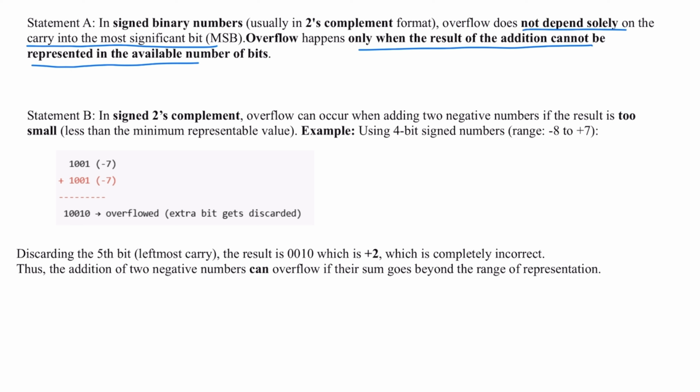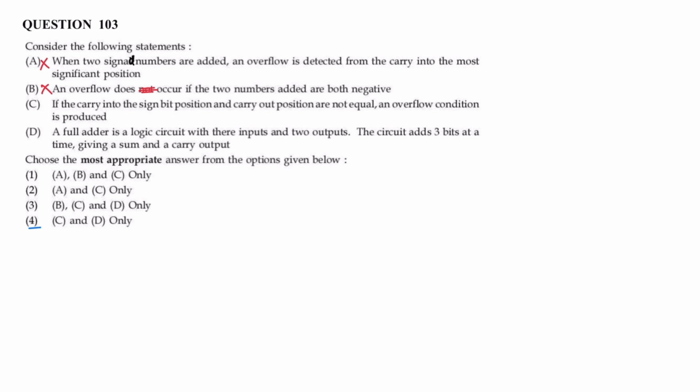The extra bit gets discarded. Discarding the fifth bit, the result is 0010, which is plus 2, and this is a completely incorrect result. Thus, addition of two negative numbers can overflow if their sum goes beyond the range of representation. Statement B is incorrect.